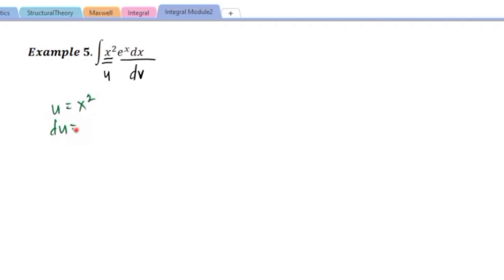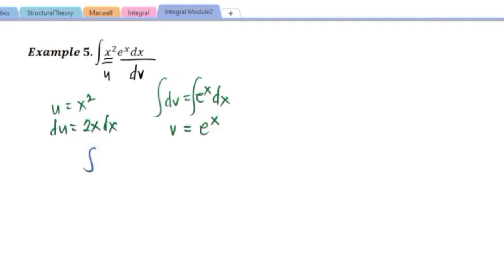So your du is equal to 2x dx. And dv is equal to e raised to x dx. So taking the integral of this, so v is equal to, since derivative ng exponent yung dx, so therefore it is just e raised to x.